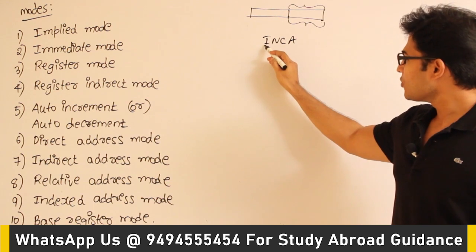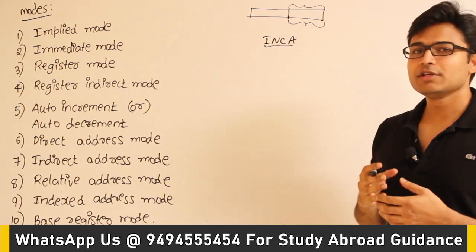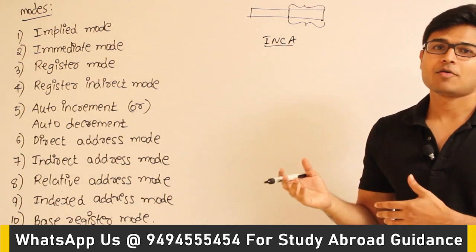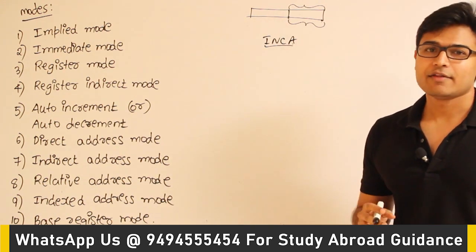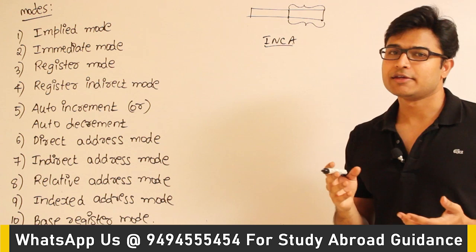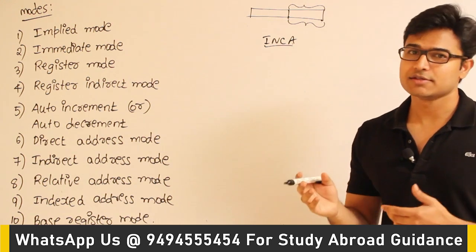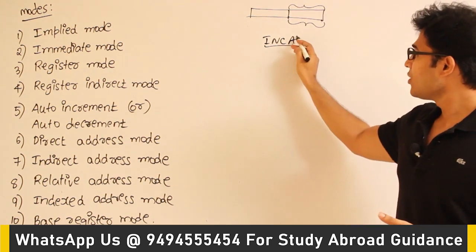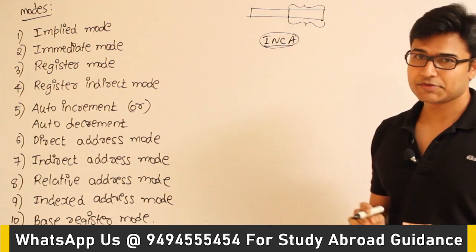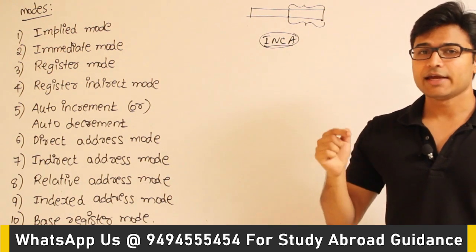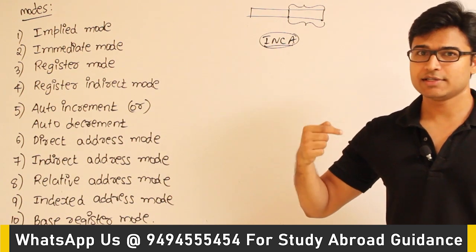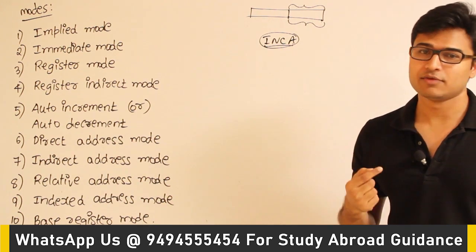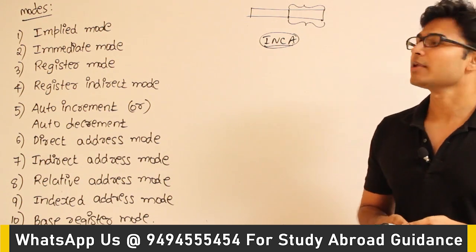When you see this opcode, you need not ask where the operand is. The operand is clearly the accumulator. They need not give you any address or register name. It is already present in the definition of the instruction. Therefore if the operand is present in the definition of the opcode itself, it is called implied mode.